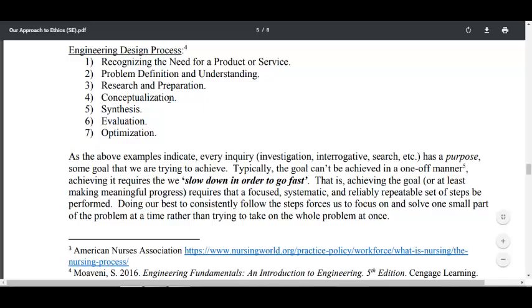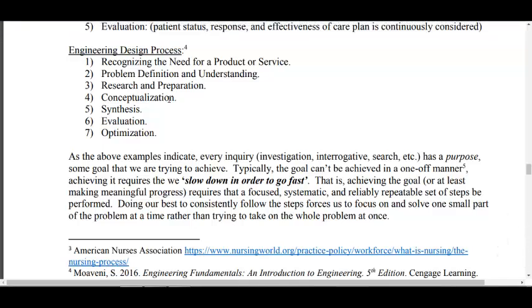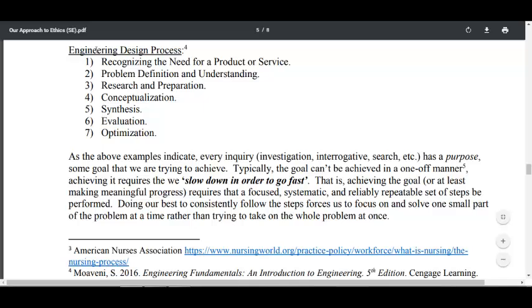But the more detail is added in this process, the more guidance it provides in addressing whatever the problem happens to be. Now, every one of these examples indicates that every single inquiry or investigation that we put time and effort into has a purpose. And what do these things actually do? Why do we do these things?